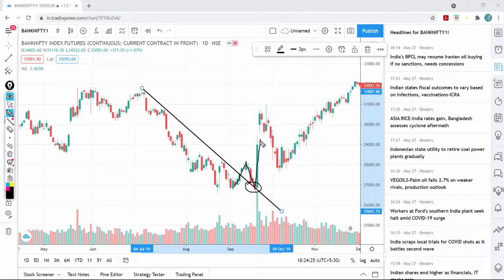If price reverses back towards the upside, then we can say the trend which was down has shifted, and the reversal has happened towards an uptrending move. This is how we get a clear idea about the trend. Price breaks the trend line, tries to reverse, moves down and then reverses back towards the upside, so the trend is clearly reversing. To identify trend reversal, trend lines are very helpful.